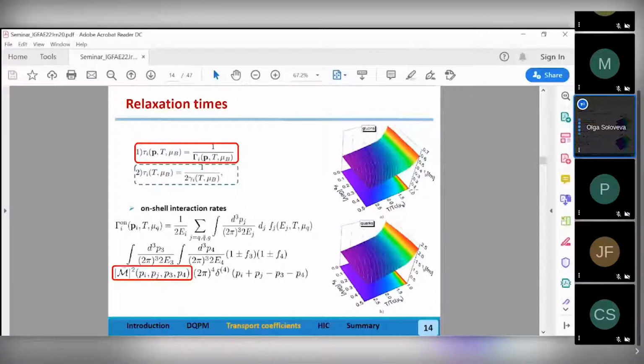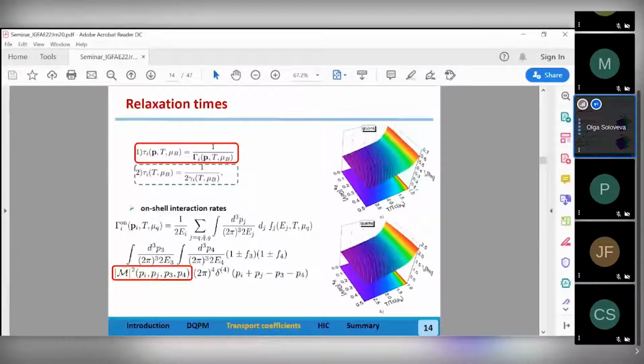And another fact that you can see here is a very smooth dependence on μB. Here is the relaxation time in fm/c as a function of μB and scaled temperature. And from these graphs, you can already expect that there will be maybe not strong dependence for transport coefficients.